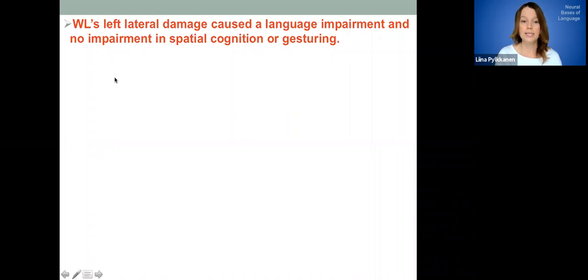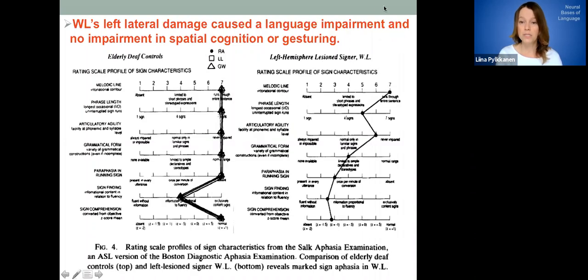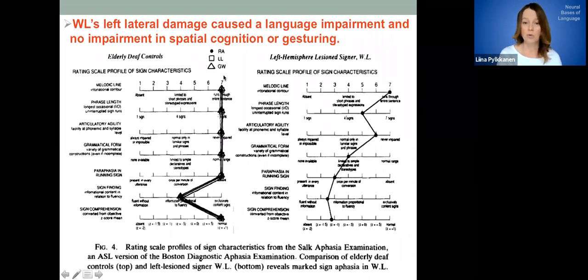We can look at his performance more broadly on an aphasia battery of tests. This is a battery of diagnostic tests for aphasia that are designed for sign language. When we have the normal performance, so this is elderly deaf controls, not brain damaged in any way, the normal pattern is like the straight line, and then there's this angle at the end.